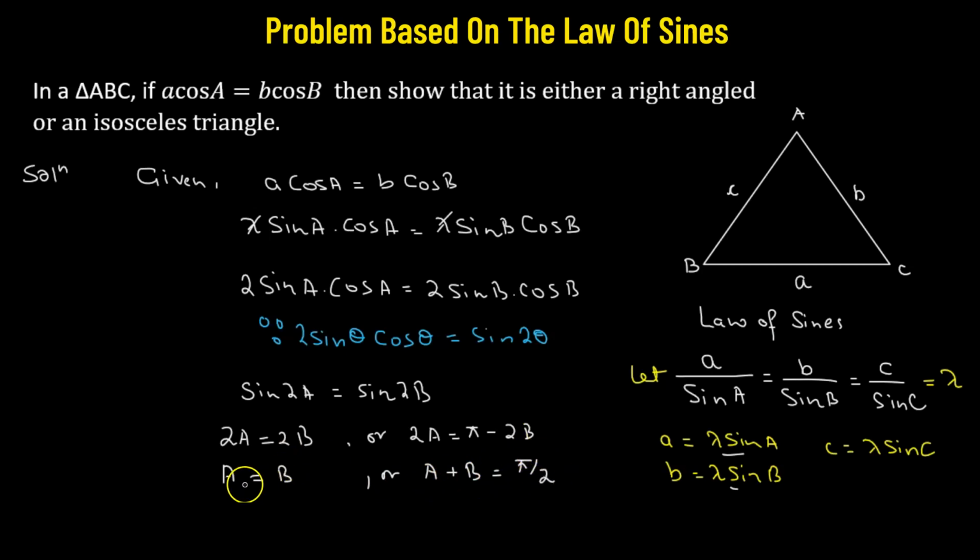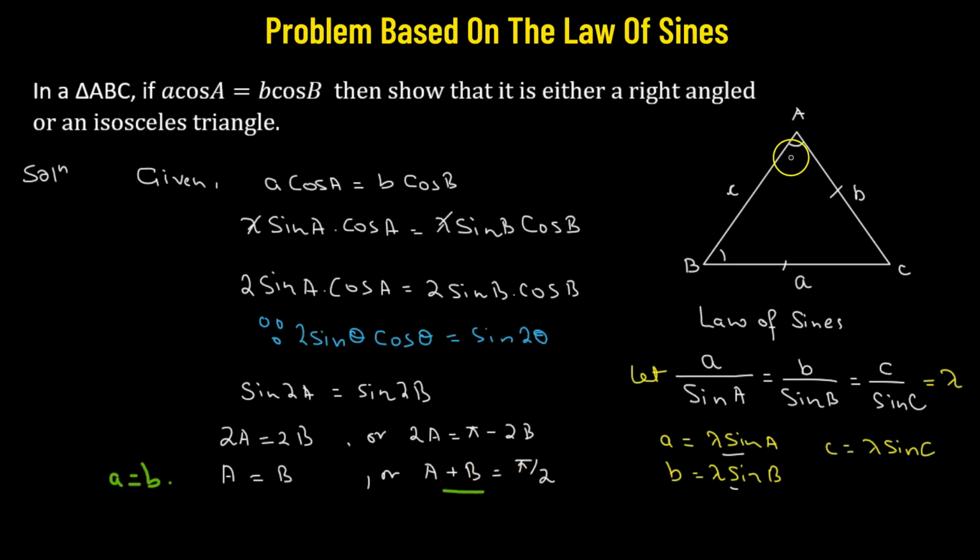So we have angle A equals angle B. Whenever angle A equals angle B, the sides opposite to them are also equal. So in our case, A equals B implies that side a must equal side b. And whenever two sides of a triangle are equal, it's an isosceles triangle. And in the second case, we have obtained that A plus B equals pi over 2.